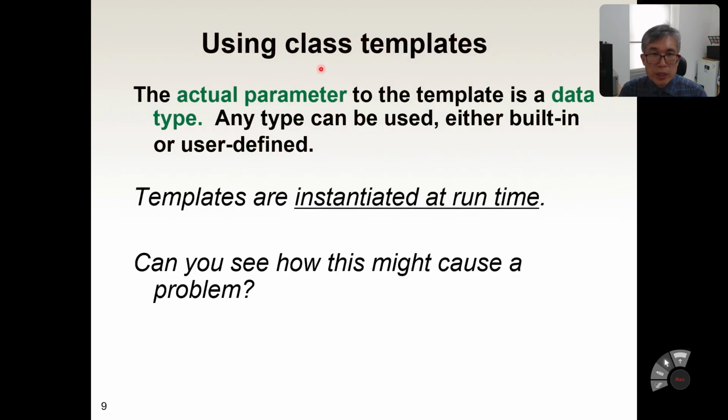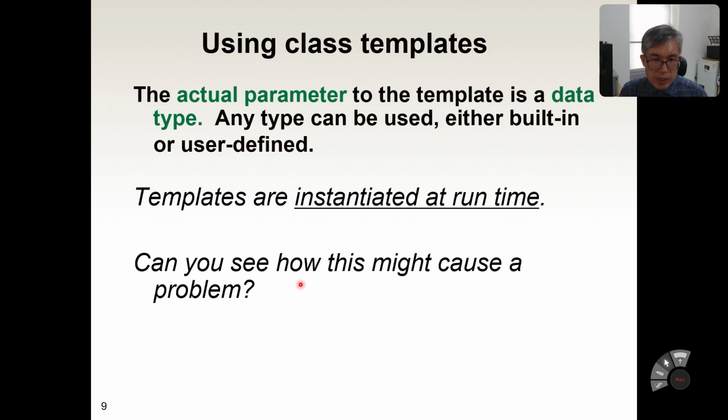Using a class template, the actual parameter to the template is a data type, like integer, floating type, and string type. Any type can be used, either a built-in type or types you define. Templates are instantiated at running time, the actual execution time of a program.